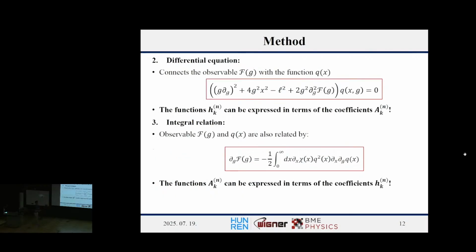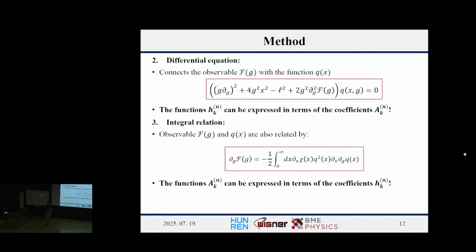The second ingredient is also coming from these nice functional definitions. You can derive a differential equation for Q(x), but what's important is that this differential equation now also contains our observable. So now we have something that we can effectively solve order by order. It's just a second order differential equation, so you can put it into Mathematica and solve order by order.